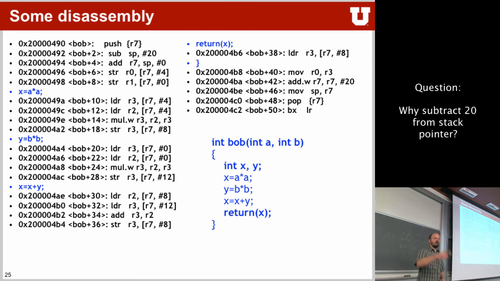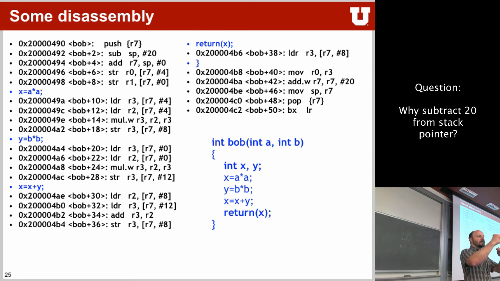Yes? Why do you subtract 20 from the stack pointer, the second instruction here? It reserves space on the stack. But the stack goes down, right? Mm-hmm. If you're subtracting 20, yes. So we now have 5 locations in the stack that are ours to play with.